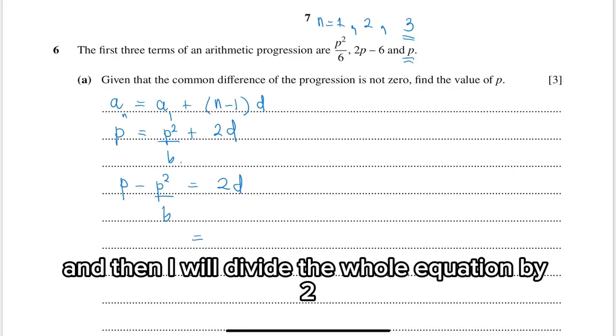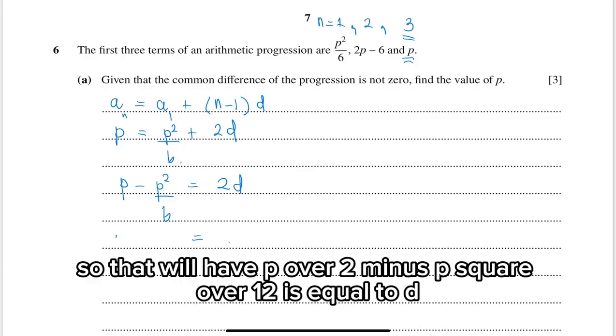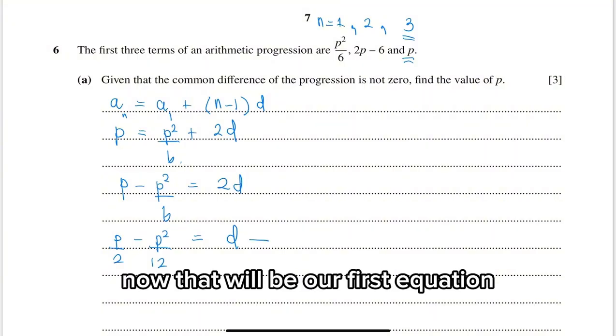And then I will divide the whole equation by 2, so that we'll have p over 2 minus p squared over 12 is equal to d. Now that will be our first equation.